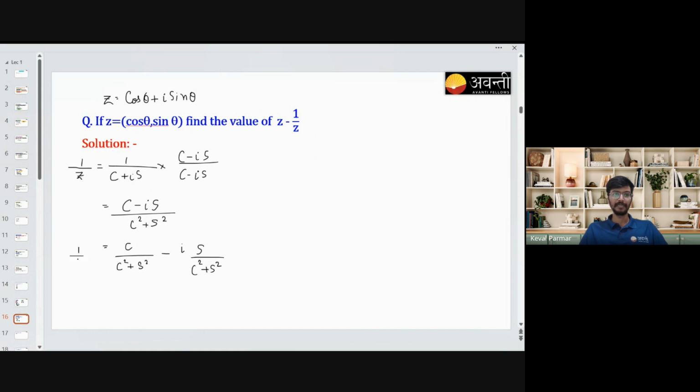Correct? This is 1 by z. So what is the value of z minus 1 by z? z minus 1 by z is equal to cos plus i sine minus cos upon cos square plus sine square plus i sine upon cos square plus sine square.